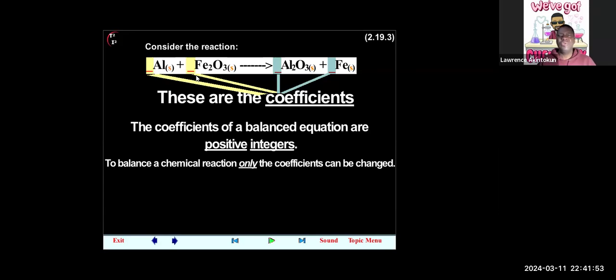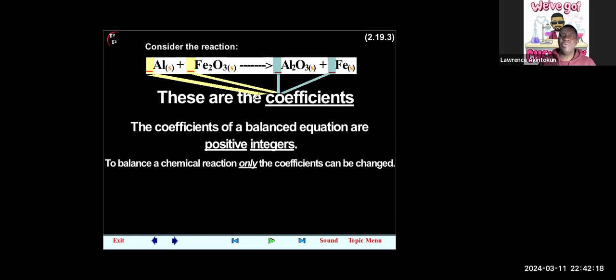Those are the numbers we're going to use to balance our equation. The coefficients are always positive integers. To balance a chemical reaction, only the coefficients can be changed. Remember, you cannot alter or change the subscripts. Those are part of the formula. It is not allowed.